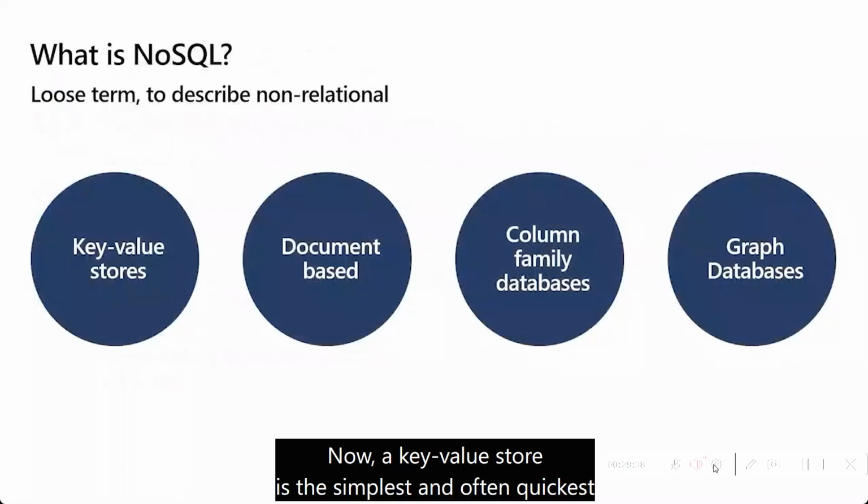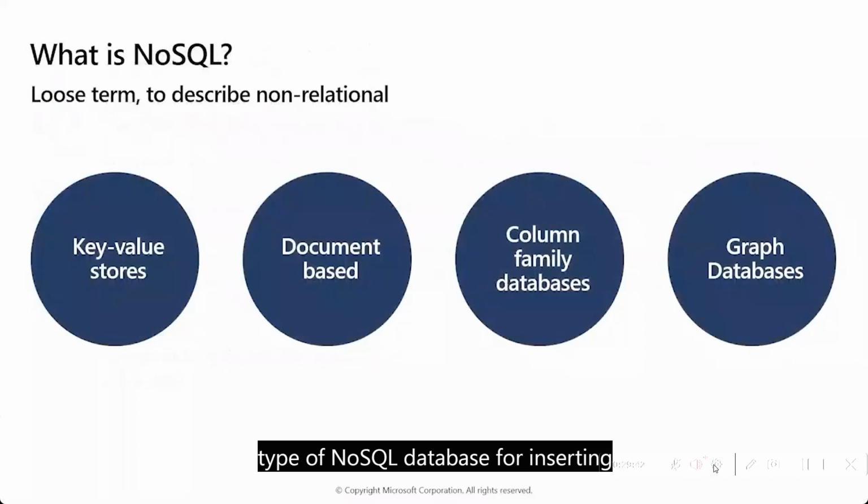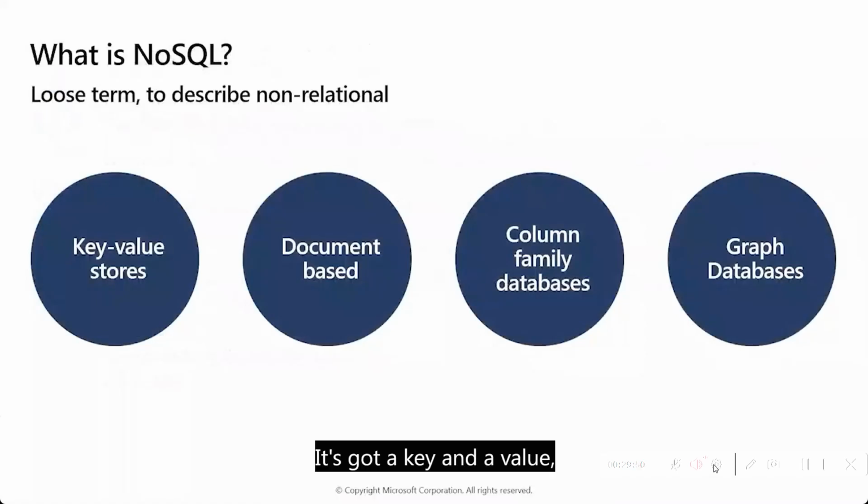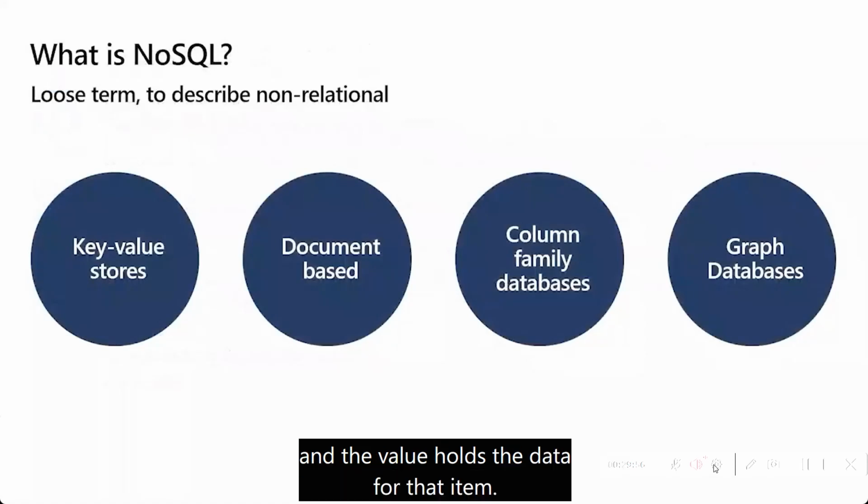Now, a key value store is the simplest and often quickest type of NoSQL database for inserting and querying data. So each data item in the key value store has two elements. It's got a key and a value. And the key uniquely identifies the item, and the value holds the data for that item.